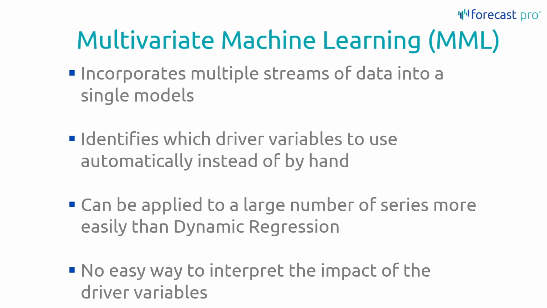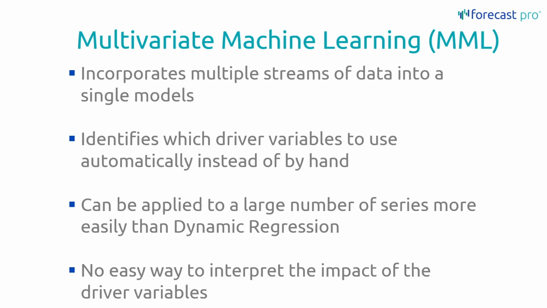Now, where MML is different than a regression model is that the MML models will actually determine which drivers to use. So in a dynamic regression model, you actually have to tell Forecast Pro which drivers to use and which not to use. But with an MML model, you can actually add all of your possible drivers, and the model itself will automatically pick what it thinks are the important drivers.